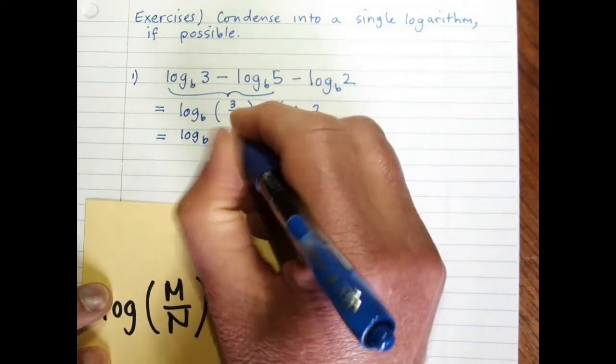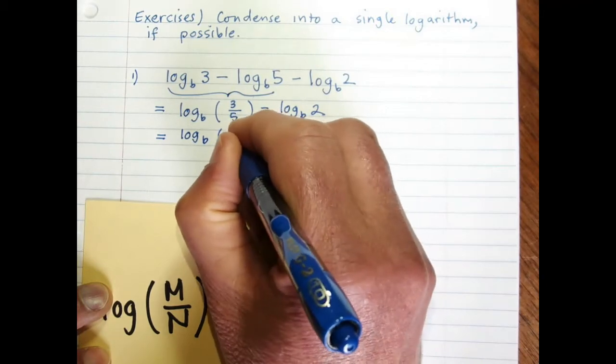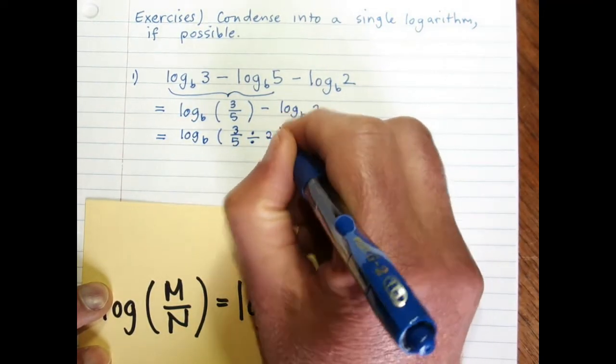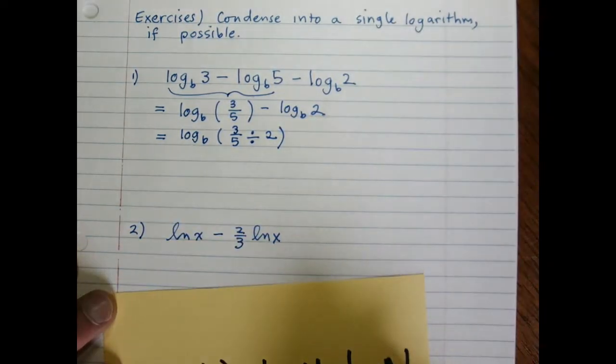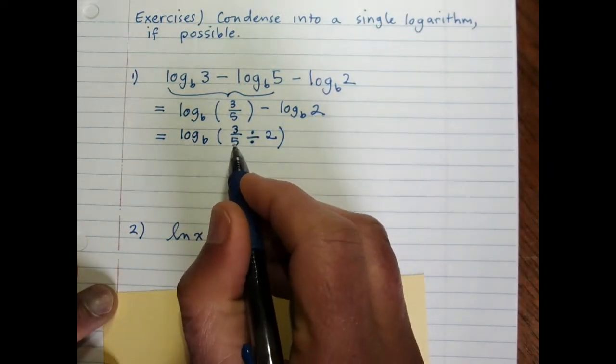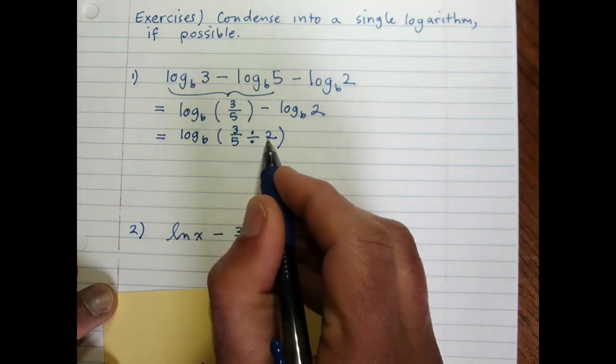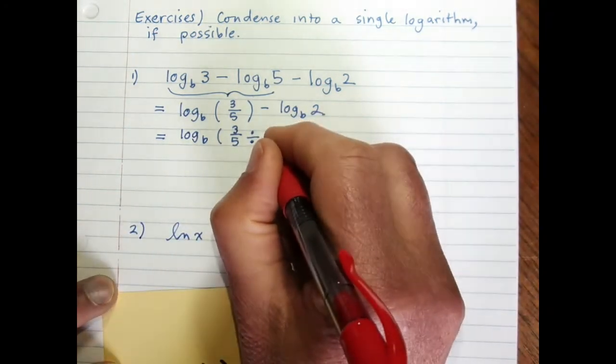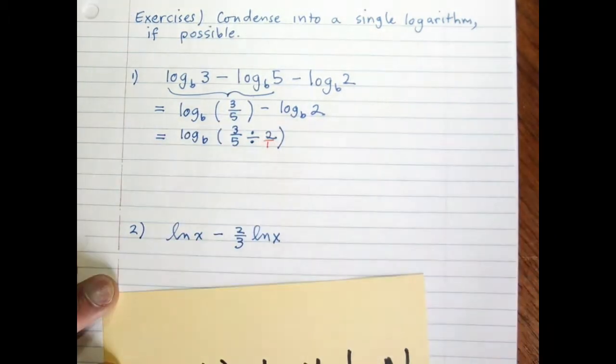log base b of, I wouldn't try to write a fraction with everything in it, I would write division. That's going to be log base b of 3/5 divided by 2, which is the same as divided by 2 over 1.